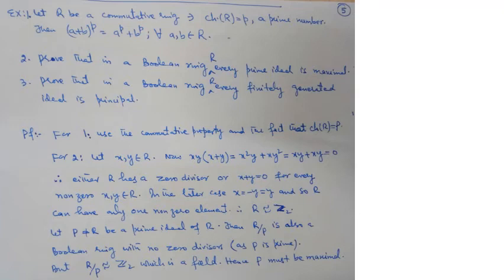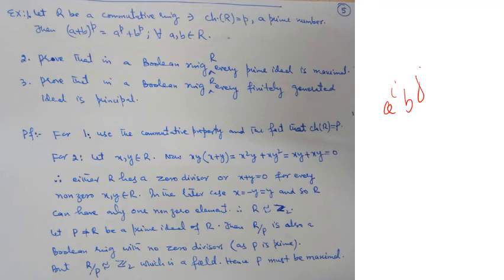For the first, we use the commutative property of the ring. That is, when you compute (a plus b) raised to power p, you will get terms a raised to power i, b raised to power j, and here you can use that a and b commute.